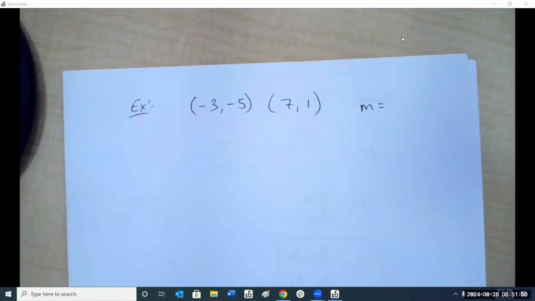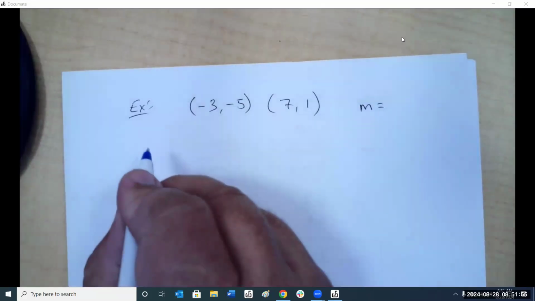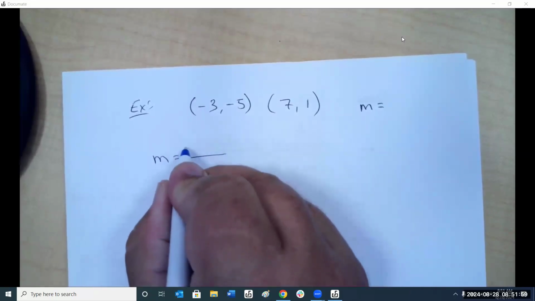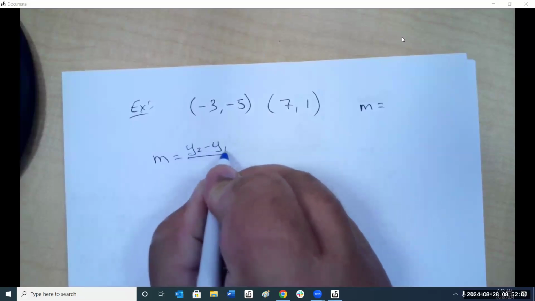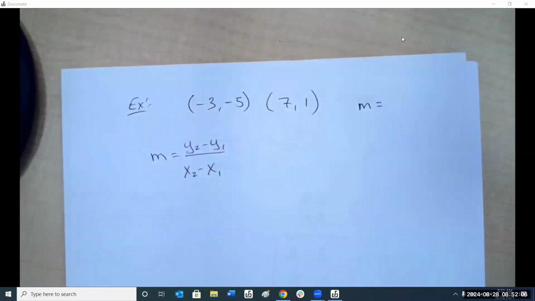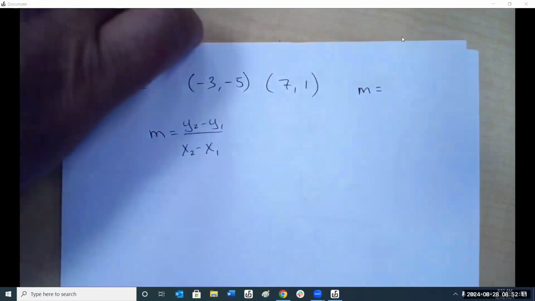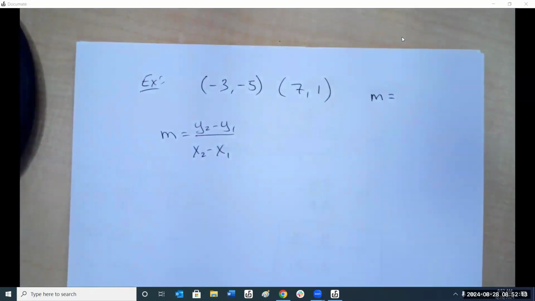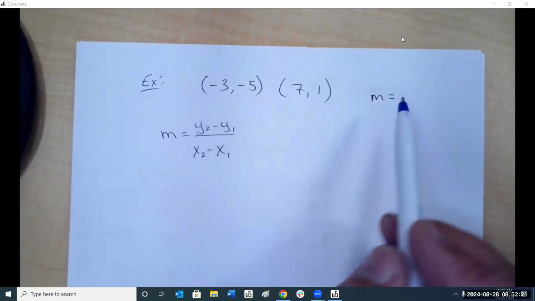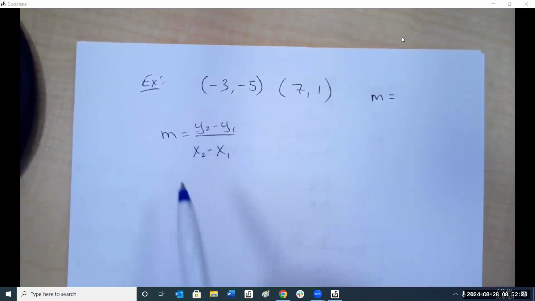I have to work it out. And you don't need a calculator. Do not use calculators. So the way you solve this is first, since you're looking for the slope, always put down the formula of the slope first.